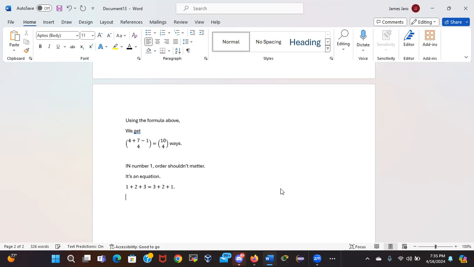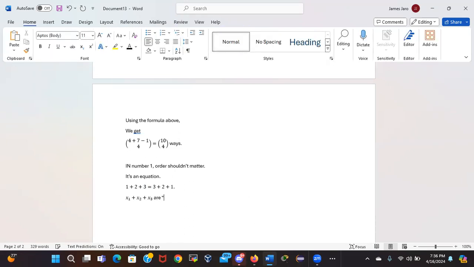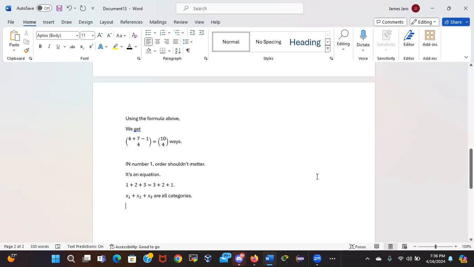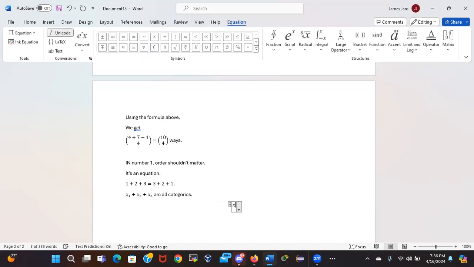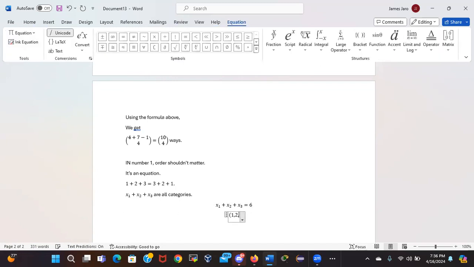Oh yeah, x1, x2, and x3, these are all categories. Those are your categories. The shift of the values mattered. Well, if we're saying that x1 plus x2 plus x3 equals 6, what's the difference between 1, 2, 3 and 3, 2, 1?